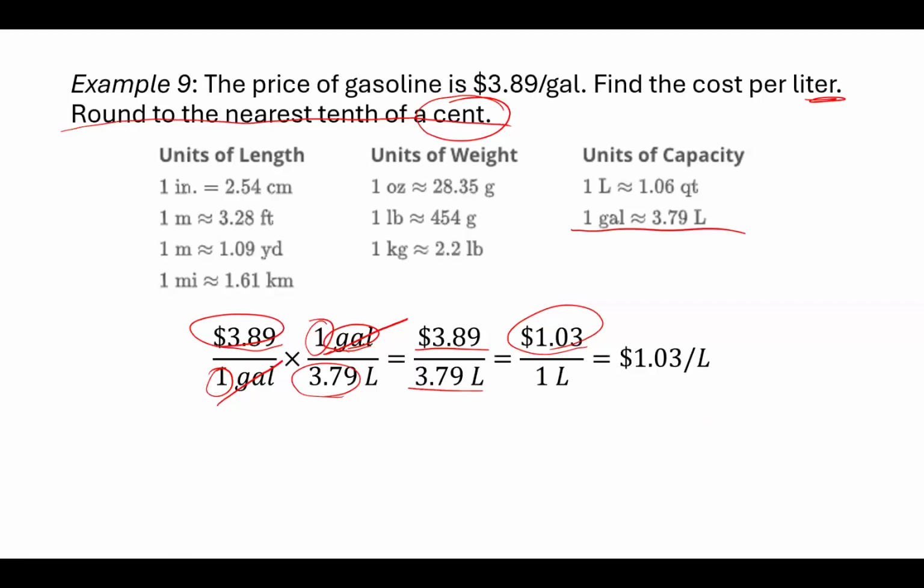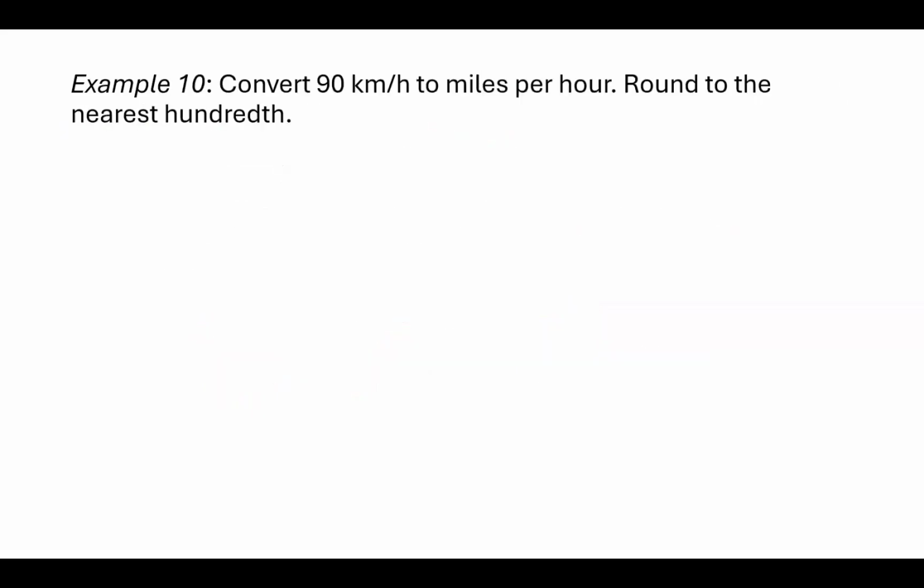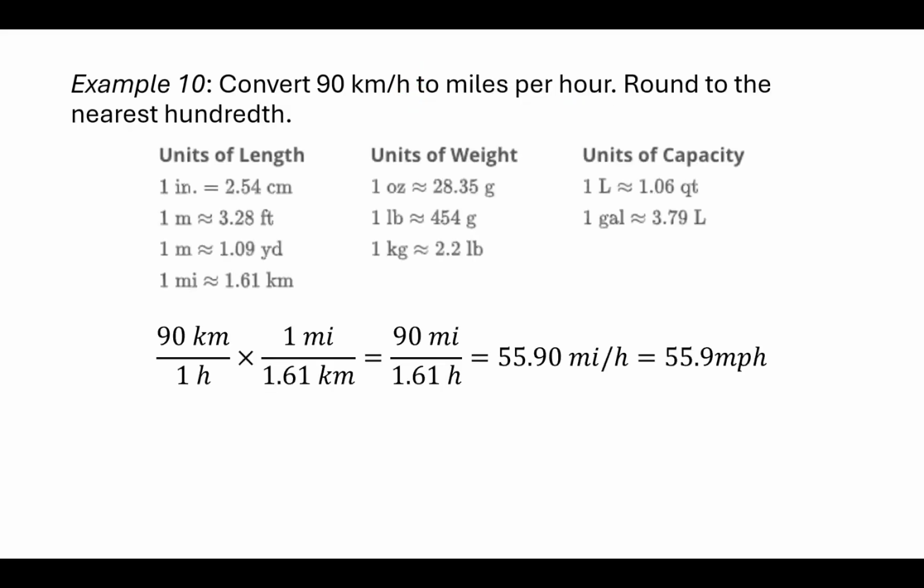Let's do another example. In the next one, now we have to convert 90 kilometers per hour to miles per hour. So notice that I already have it in hours. So I only need to change kilometers to miles. In this case, I set up the fraction.